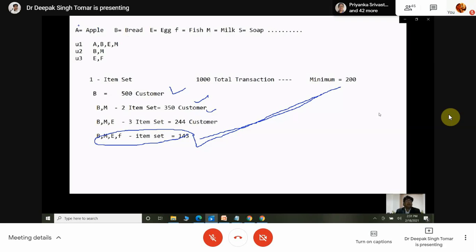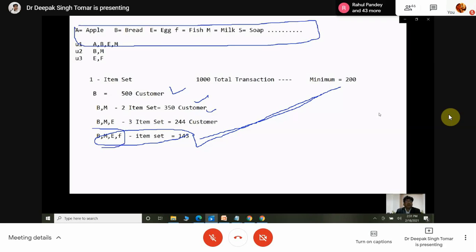So the purpose is that we have certain item sets and we want to make groups of item sets in such a way that we find how many customers buy a group or bunch of particular items whose occurrence meets the user defined threshold.